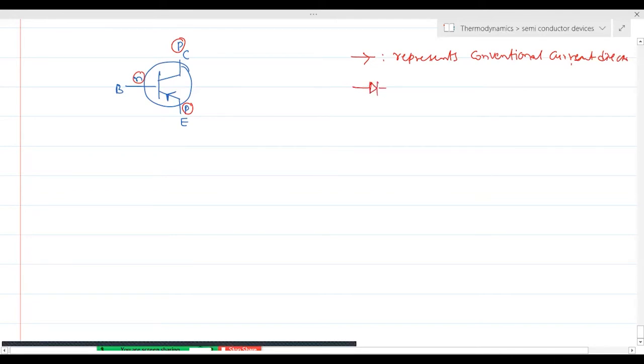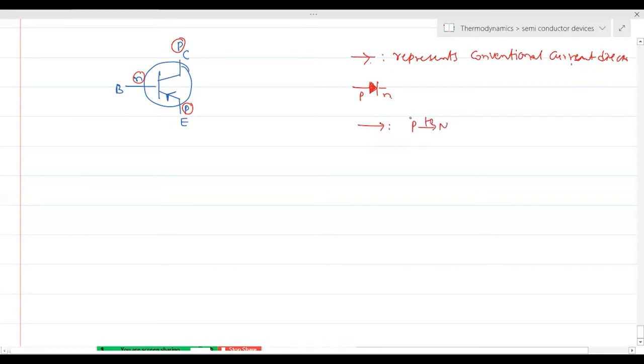This arrow is nothing but this arrow. Now you can easily understand: this is P and this is N. So the arrow is always from P to N.